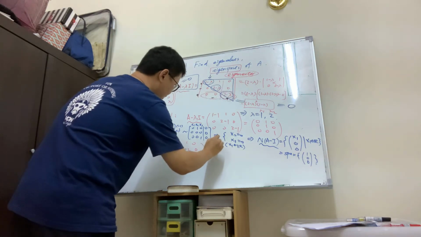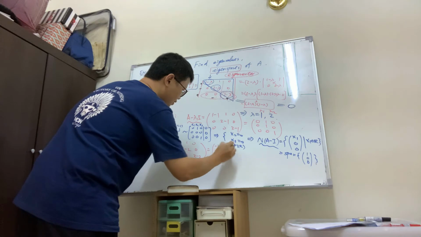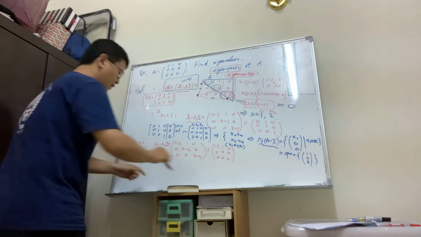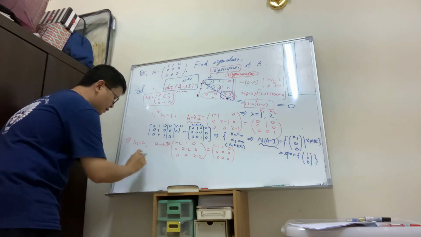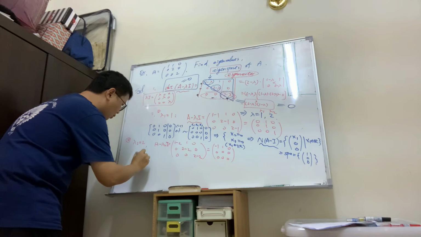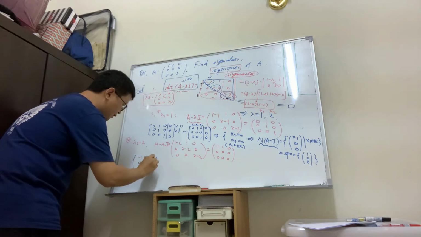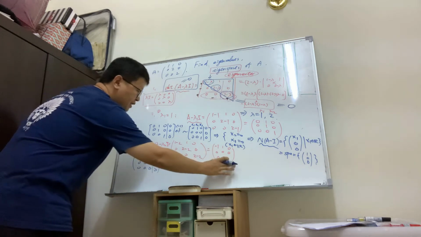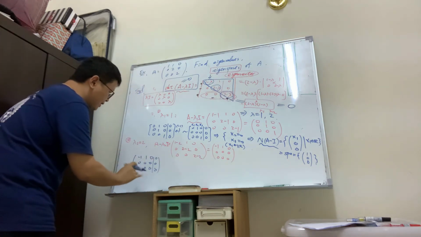So it's the matrix with rows (-1, 1, 0), (0, 0, 0), (0, 0, 0). Again, consider AX equals 0; the null space of this matrix is the solution set.